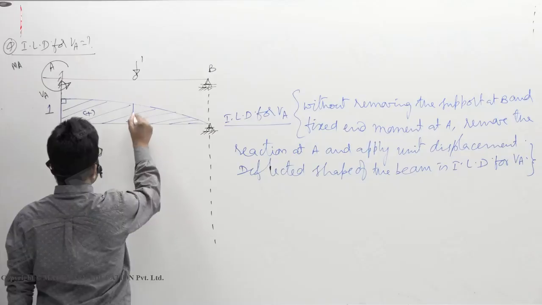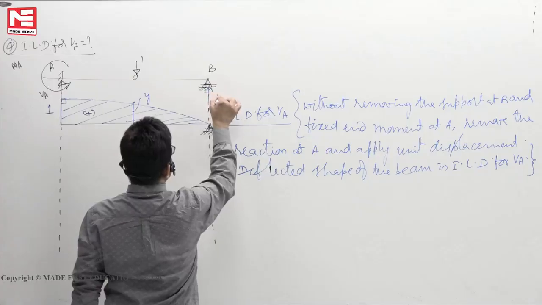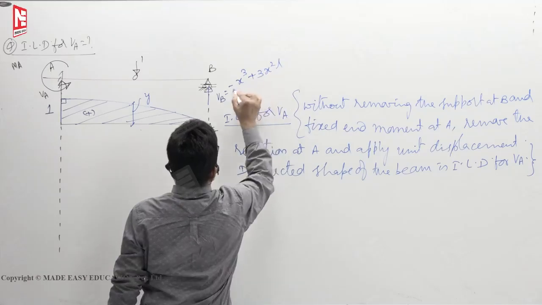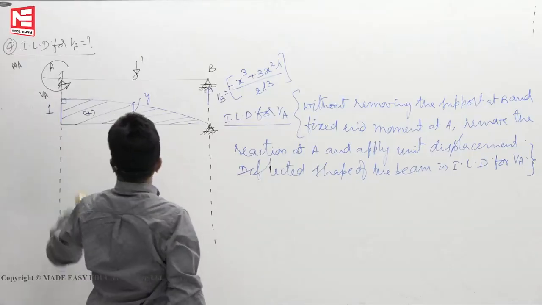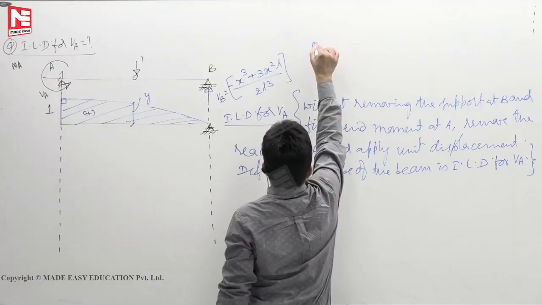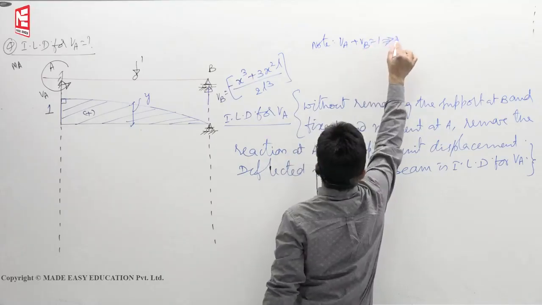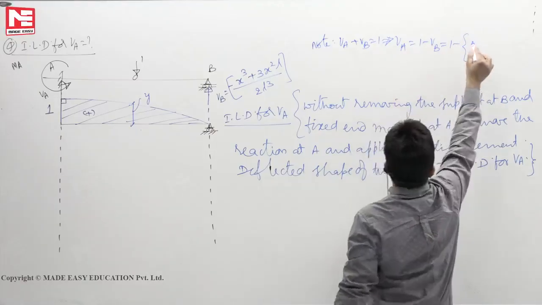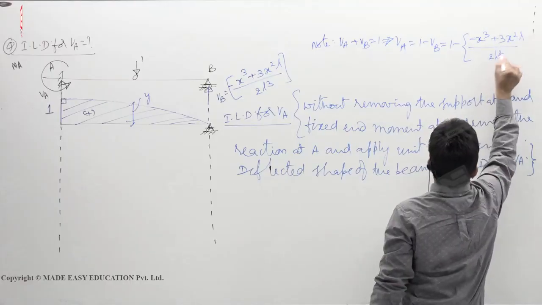If they ask, they can ask you what this ordinate Y is. Now there is a VB. We know this VB is minus x cube plus 3x square L by 2L cube, a third degree curve. Now for VA, we know VA plus VB is 1. Supposing I take VA plus VB equal to 1, then what is VA? 1 minus VB. 1 minus VB is minus x cube plus 3x square L by 2L cube.